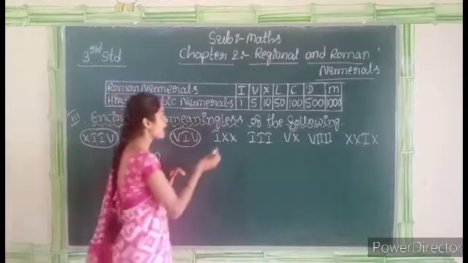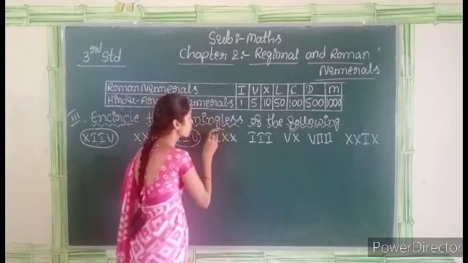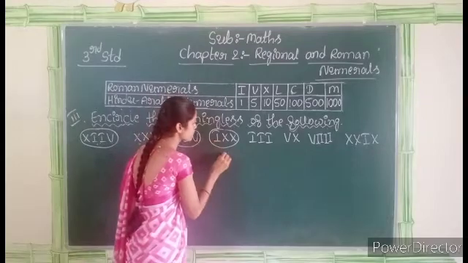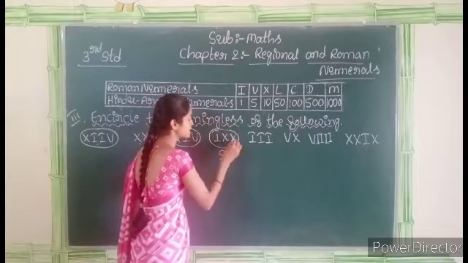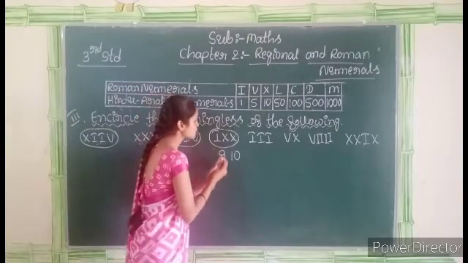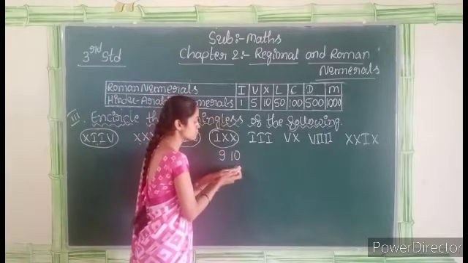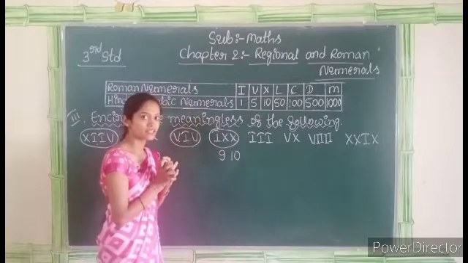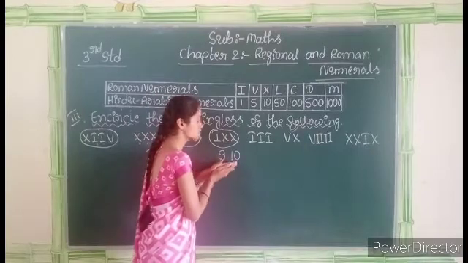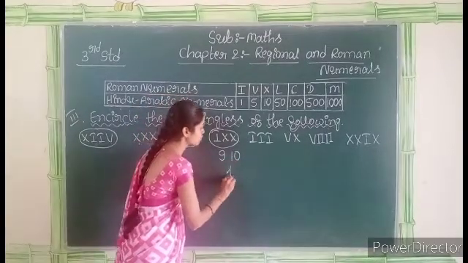Then IXX. This is also meaningless. Why? Because IX represents 9, X represents 10. When the symbol of a smaller value is written on the left side of the symbol of a greater one, at that time we have to subtract the smaller one from the greater one. 10 minus 9, we get 1.